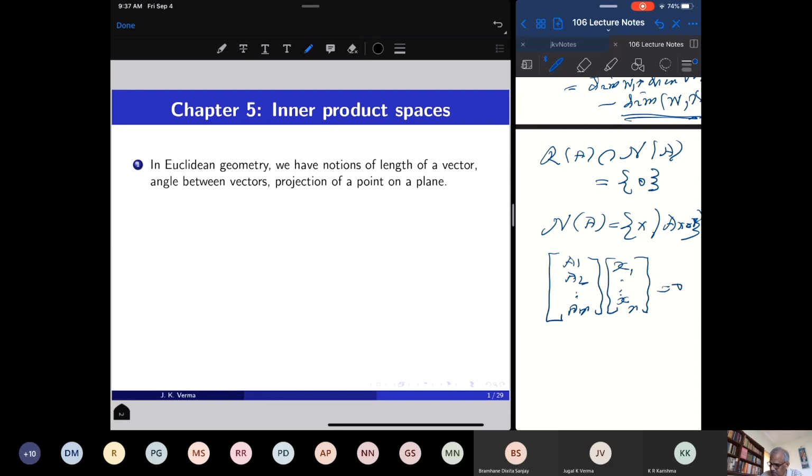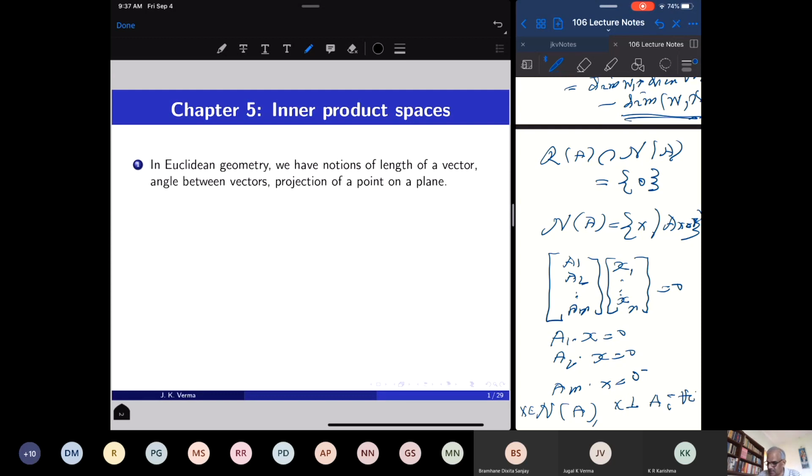This means that A1 dot x equals 0, A2 dot x equals 0, and so on. Therefore, any vector in the null space is perpendicular to every row vector. Is that clear?